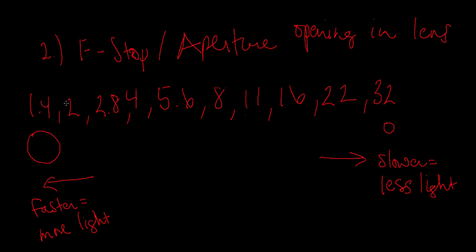Now, while we skip f-stops numerically to be able to draw out this list of numbers, in terms of changes in light, all we have to do is go from one f-stop to the next to be able to double the light or cut the light in half.